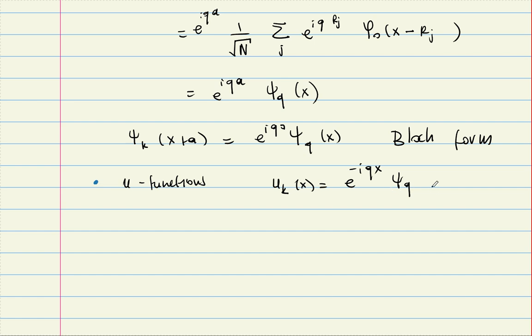For some reason, Gerwin Young converted from k to q here, and I'm just sticking with their notation. And this one, for example, is going to have uk of x plus a equal to, oh okay, this is q. So this is q, sorry about that. This one q, right? And this one is uq of x.